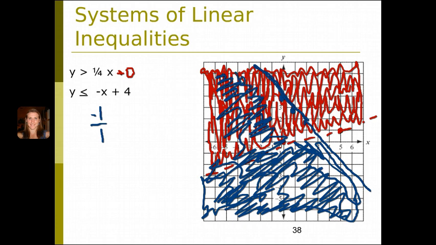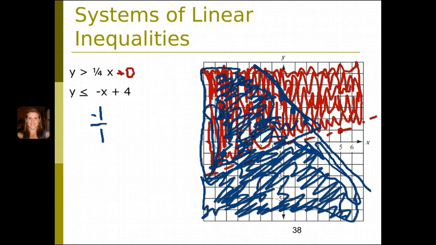Now, since it's a system, the solution to this system would be the area that is blue and red. Any ordered pair that falls within the blue and red shaded region would be the solution to this system of inequalities.